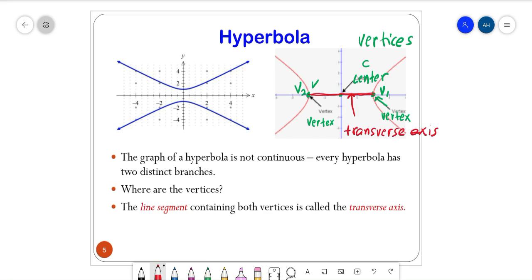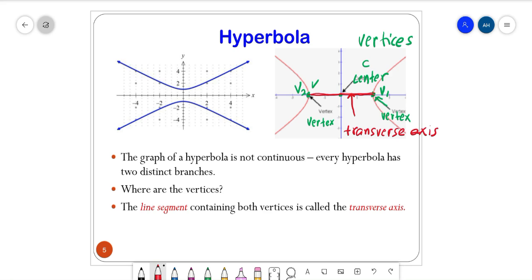Usually, when we talk about the orientation of a hyperbola, we refer to the transverse axis. Like in this case, this hyperbola has a horizontal transverse axis. You see, the transverse axis here is horizontal, right? So we say this hyperbola has a horizontal transverse axis. I hope you get my point there.